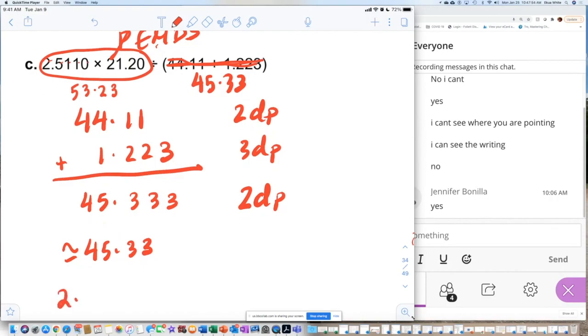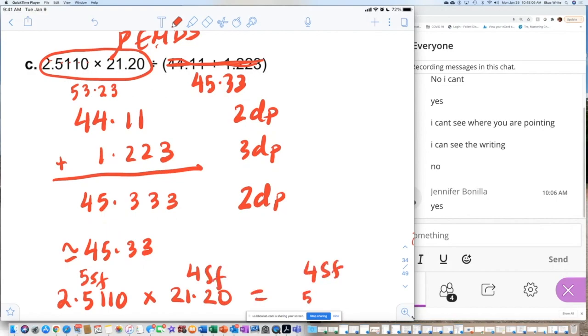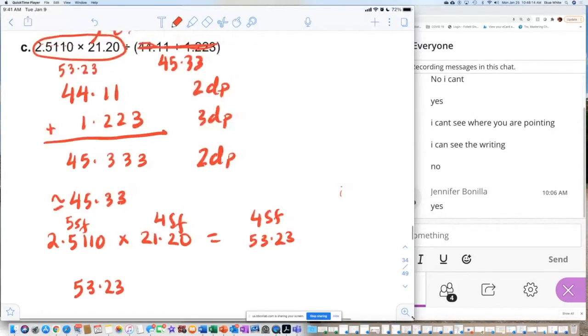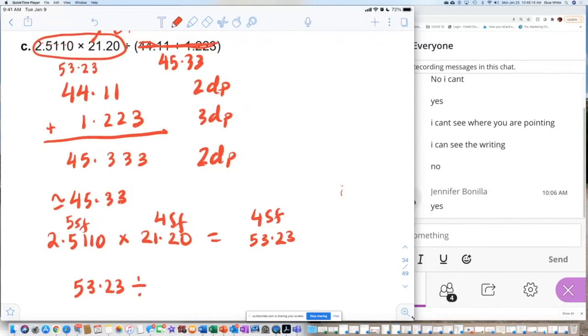I'm going to write this down here. 2.5110 times 21.20. I have 5 significant figures here, 4 significant figures. So my answer should be 4 significant figures. So it'll be 53.23. Okay. So I'm going to rewrite my numbers. So I have 53.23 divided by 45.33.